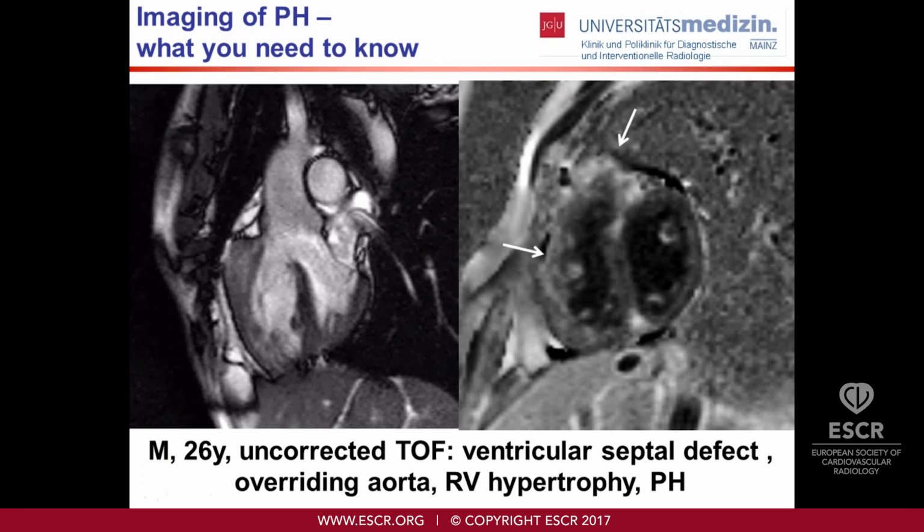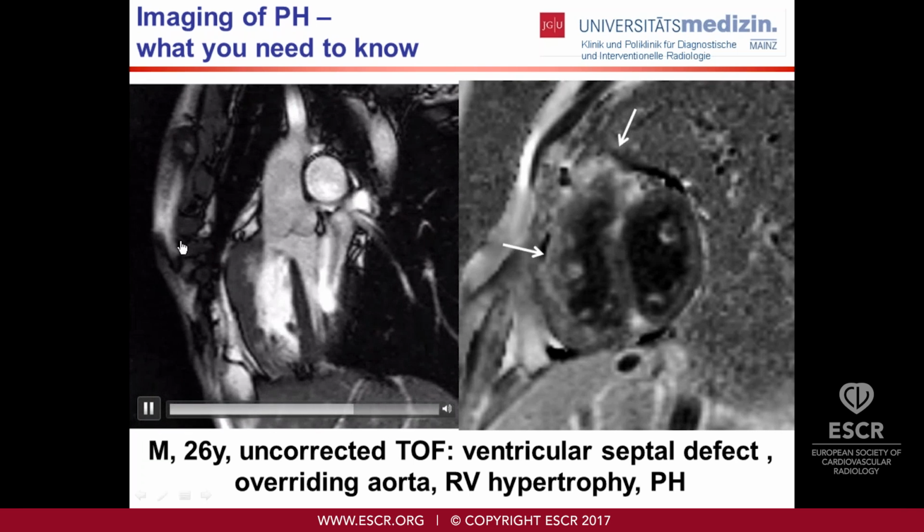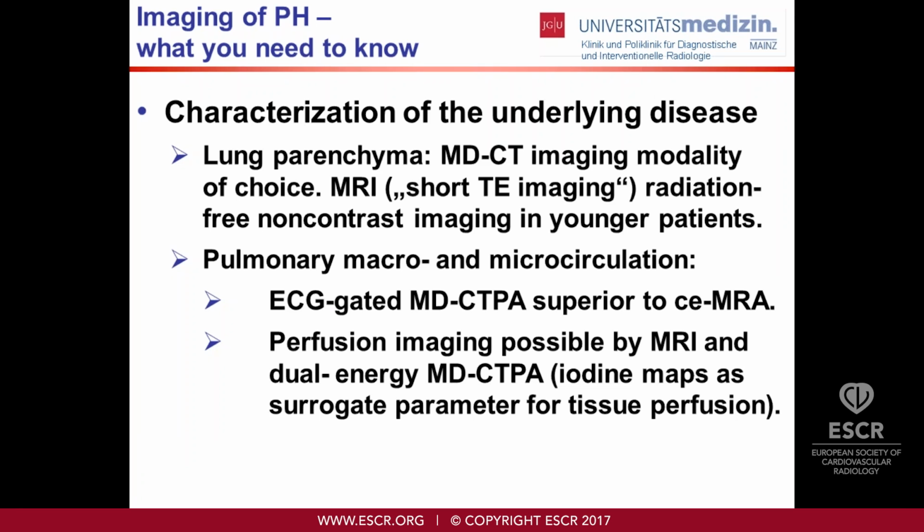You see a classical pulmonary arterial angiogram with an exceedingly prominent main pulmonary artery, and in this case we also performed late enhancement imaging, and you can nicely depict areas with increased contrast uptake indicating fibrosis of the right ventricular tissue.